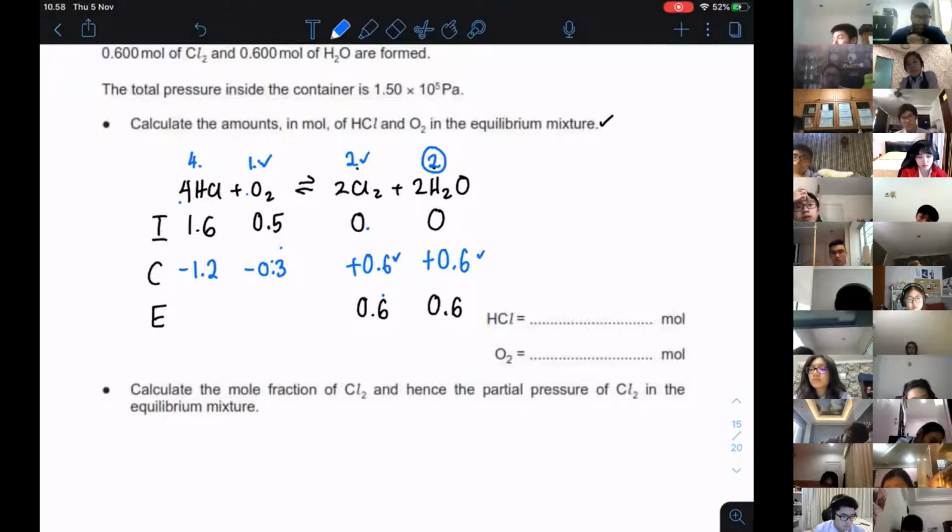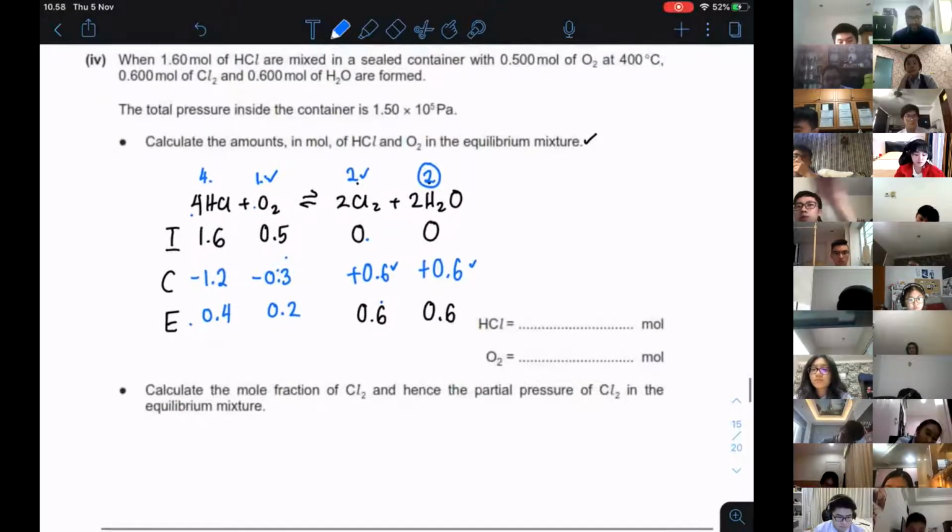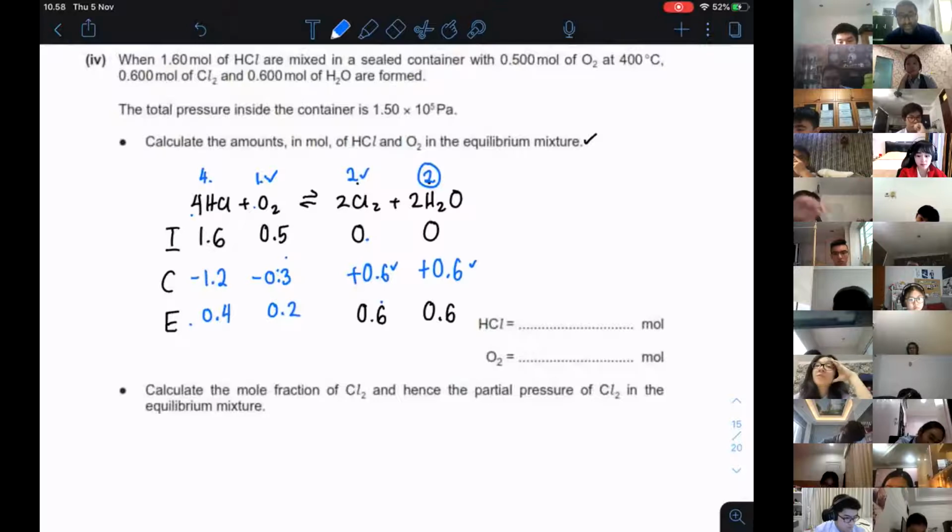So what you need to do next is to find out what is at equilibrium. 1.6 minus 1.2, you will get 0.4. 0.5 minus 0.3, you will get 0.2. Those are the number of moles at equilibrium. So that is actually what they ask you to calculate: the amount of moles in the equilibrium mixture.